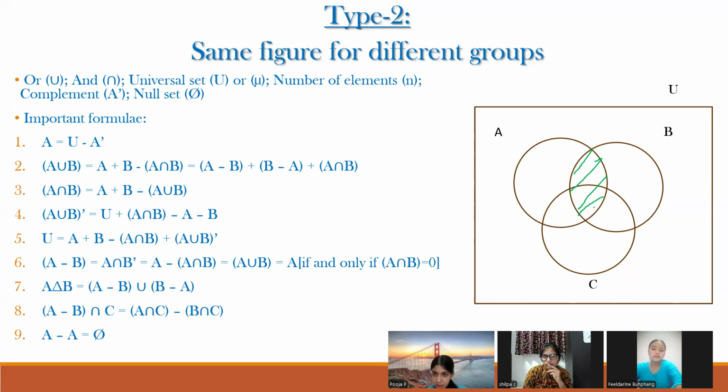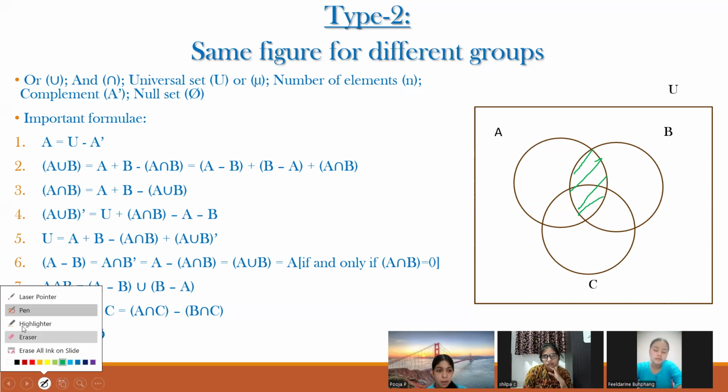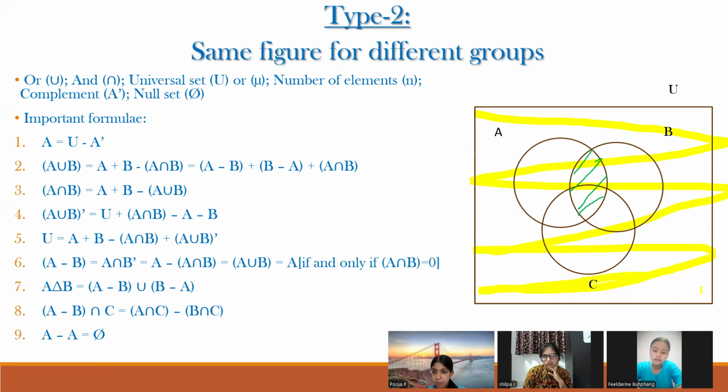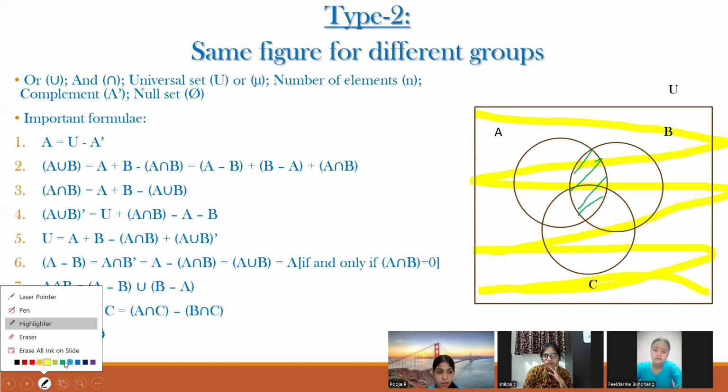So you have A intersection B, and what was your universal set? The entire thing. This entirely was your universal set. You agree with me? So among this, you've taken the intersection and you've taken this universal set. But what do you want? You need A union B, the whole complement. So what is referring to the complement value here?